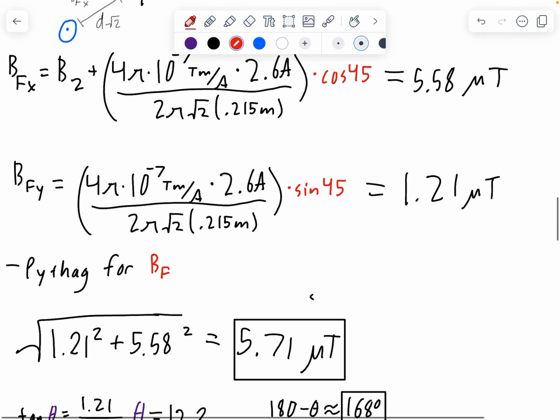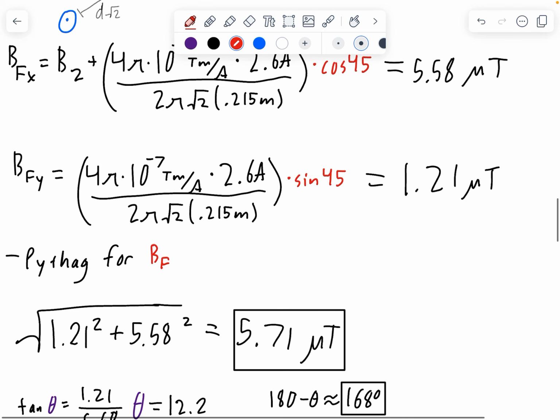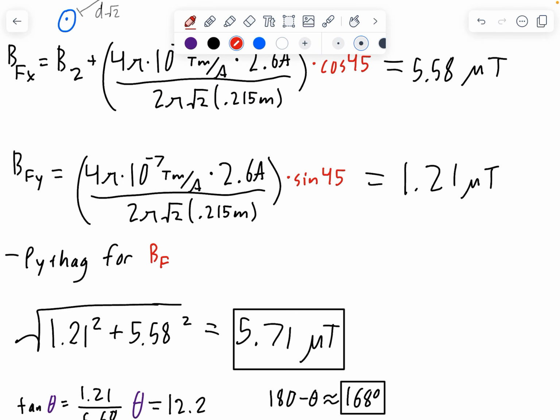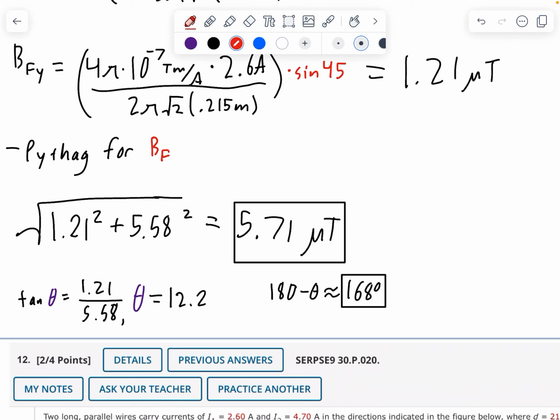But anyways, we have our Y component, we have our X component, and we know why each is each. We can use the Pythagorean theorem to get the resulting field, with B2 having an X component and B1 having X and Y components, which gives 5.71 nanotesla.